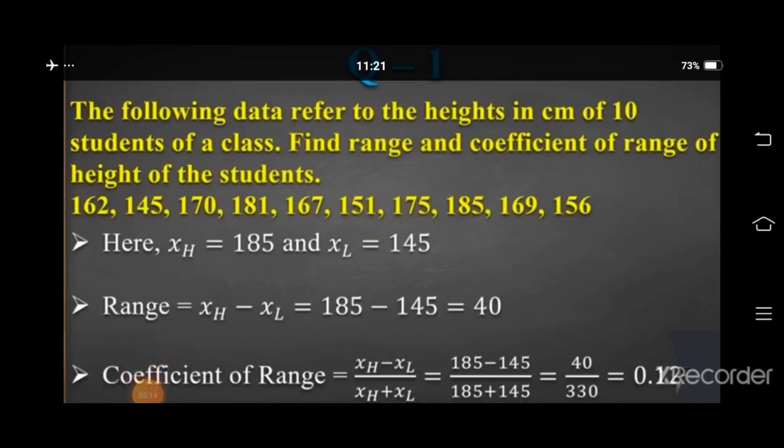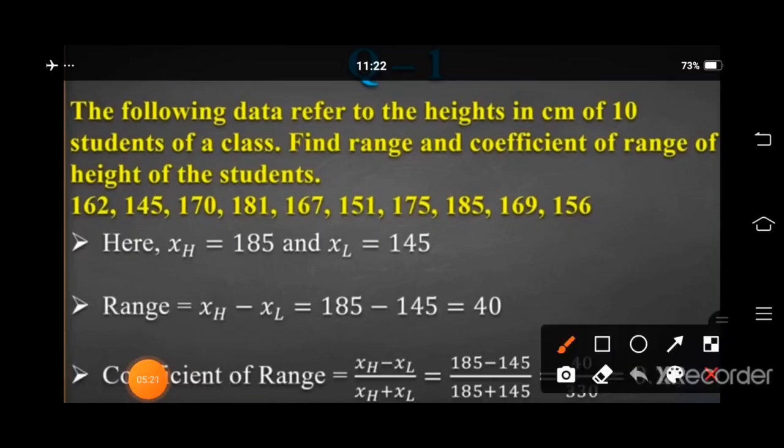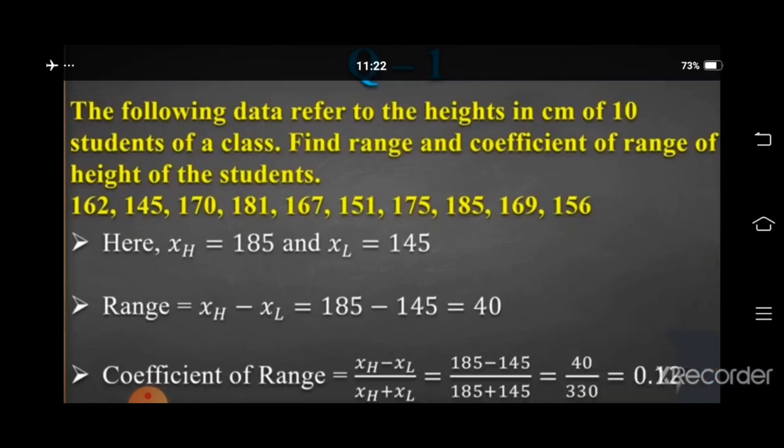We can convert this coefficient of range into percentage: 0.12 multiplied by 100 is 12%. 12% means it is very less scattered from the central value.